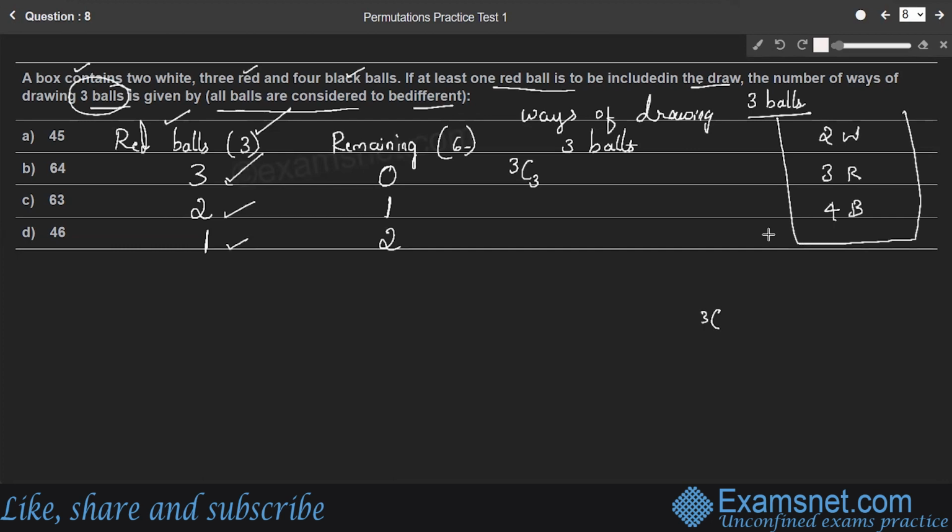The value of nCr is n factorial divided by r factorial into (n minus r) factorial. Right? Therefore, there are 3C3 plus, there are 0 remaining balls, so no need of drawing a ball from the white and black balls. So there are 3C3, which is equal to only 1.